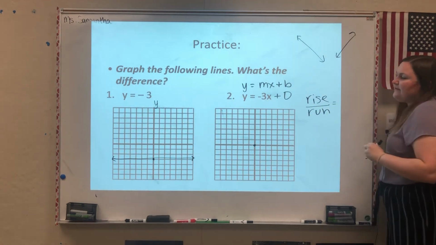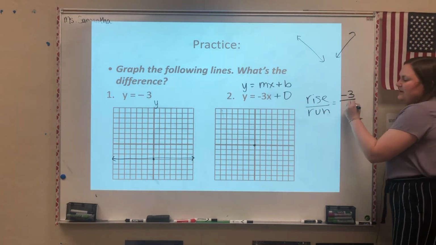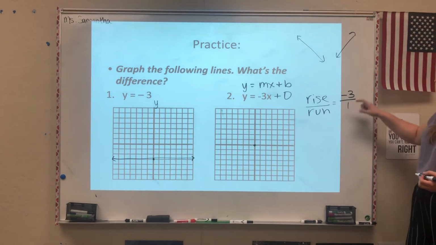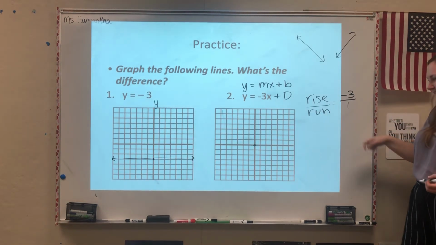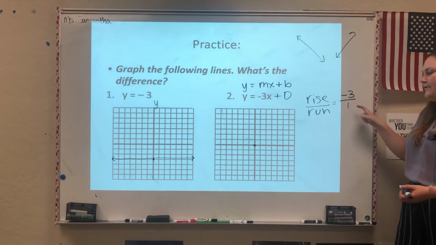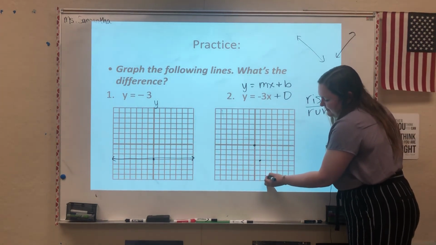If our slope is -3, I can rewrite that as -3 over 1, so the rise is -3 and the run is 1. Starting here at our first point, we want to go down 3 over 1, down 3 over 1, and we can keep doing that.